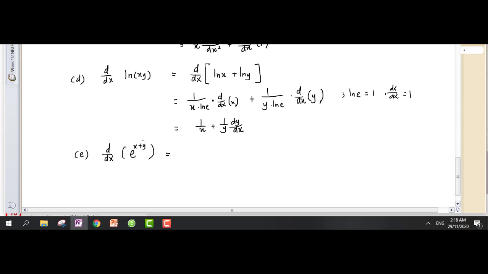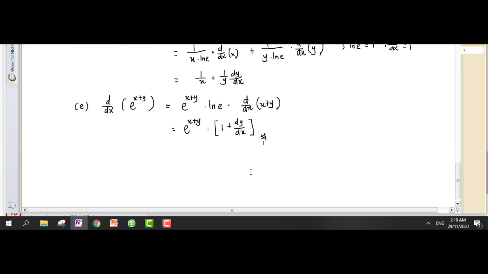If you want to differentiate an exponent, it will be copy back, using our slogan: copy back, ln base, differentiate the power. Since ln e is equal to 1, you just copy back the exponent e^(x+y), then differentiate x plus y. Differentiate x, you get 1. Differentiate y, you get dy/dx. That's it.